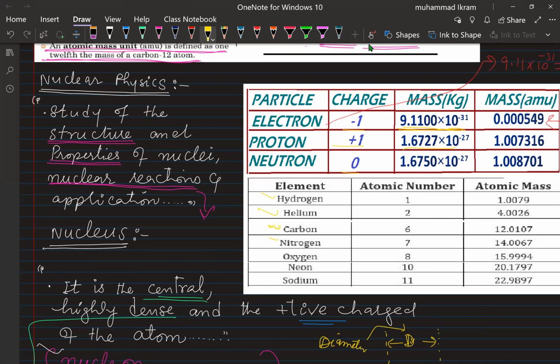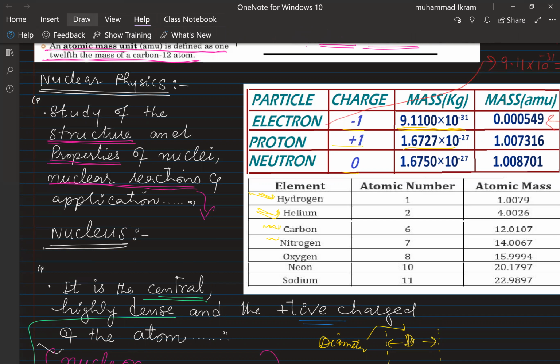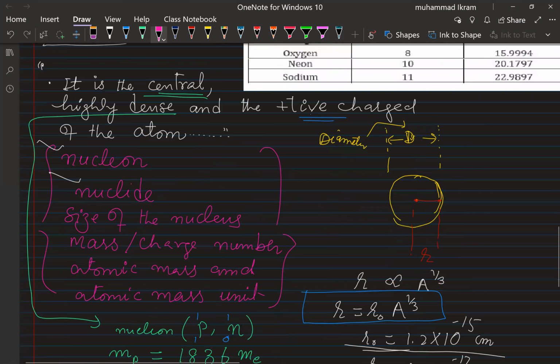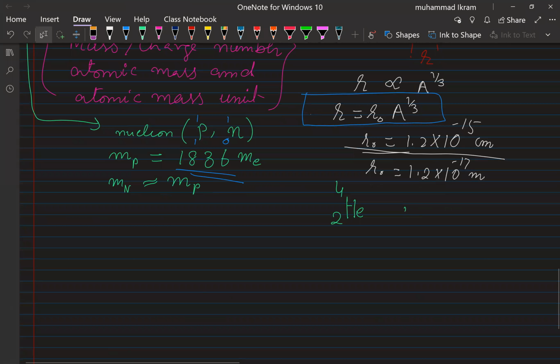This is what mostly in our calculations we will be using. Now let us come to the mass defect.